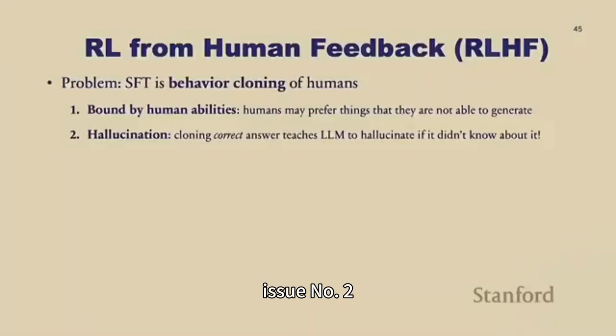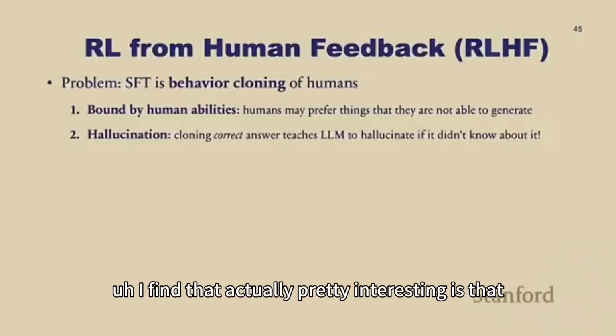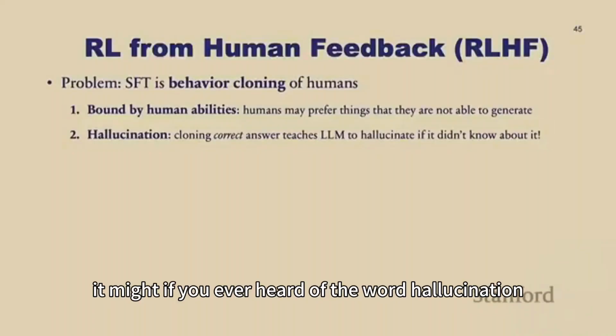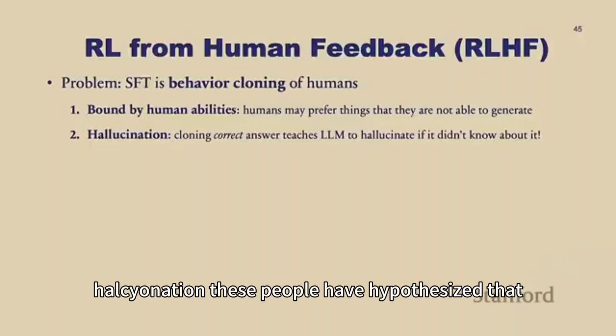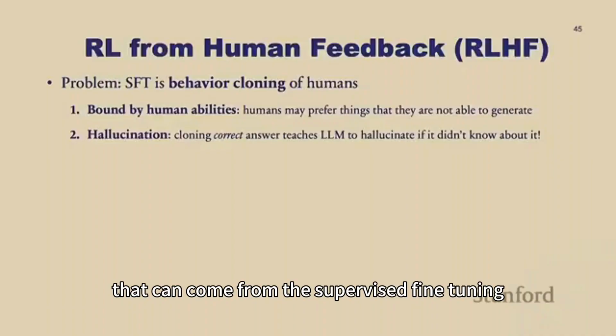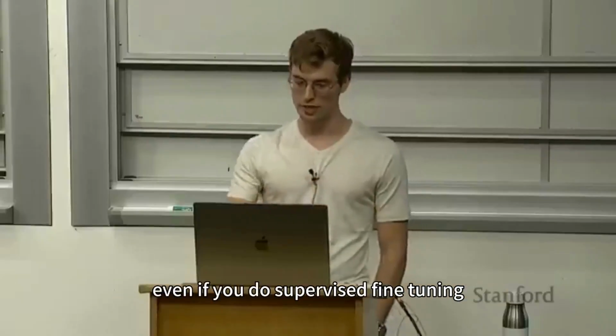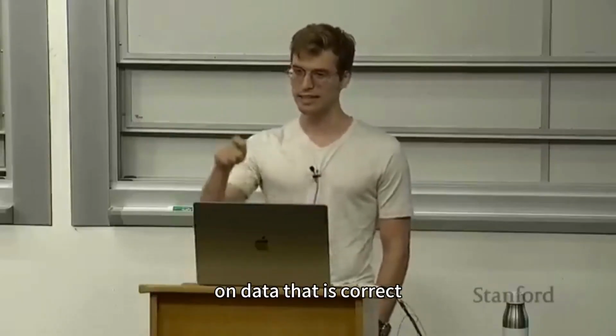Issue number 2, which I find pretty interesting, is hallucination, if you ever heard of the word. This is LLMs generating false information. People have hypothesized that hallucination can come from the supervised fine-tuning, even if you do supervised fine-tuning on data that is correct.